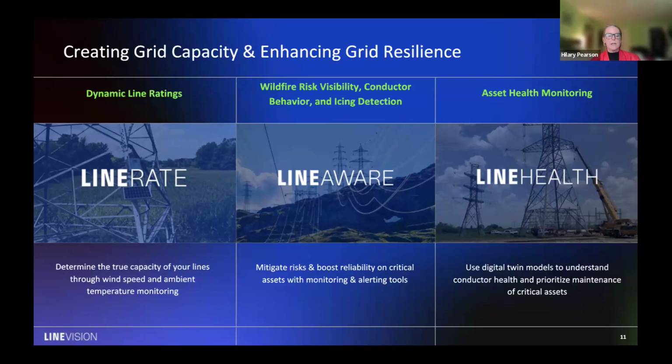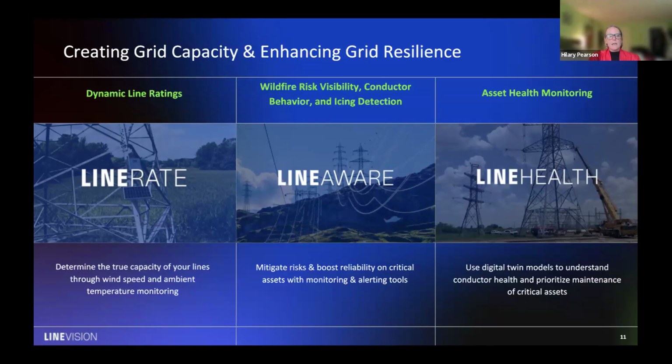So, lastly, right as we need the grid more than ever to help fuel these data centers, support manufacturing, electrification, more and more of its components are reaching the end of useful life. So about 70% of transmission lines in the US are over 25 years old and approaching the end of their typical life cycle. But at LineVision, we've installed on lines that are pushing 100 years old.